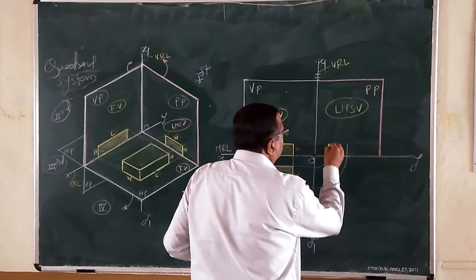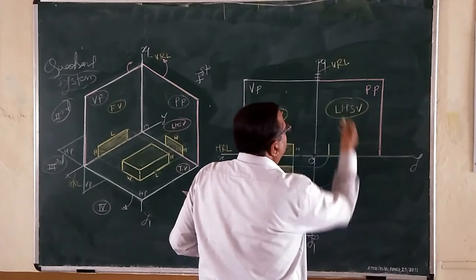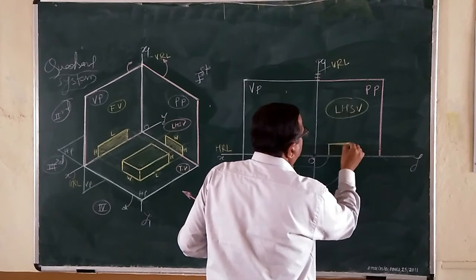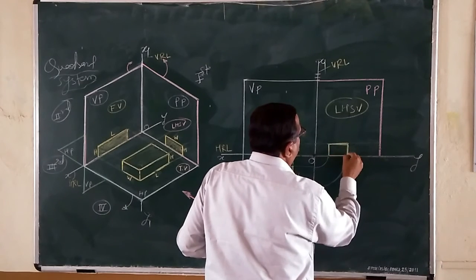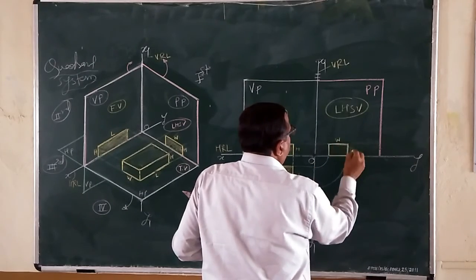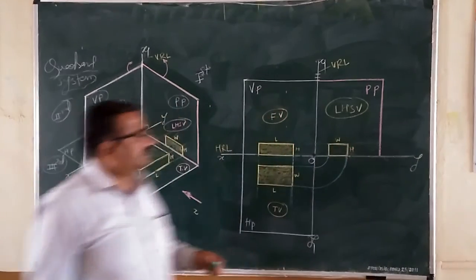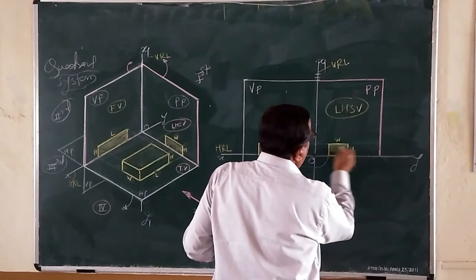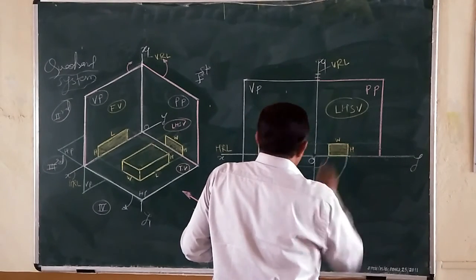That is the profile view, which is specifically called the left hand side view image that we have got over the profile plane, carrying width and height as its prime parameters. Okay, so this is the profile view or left hand side view image.